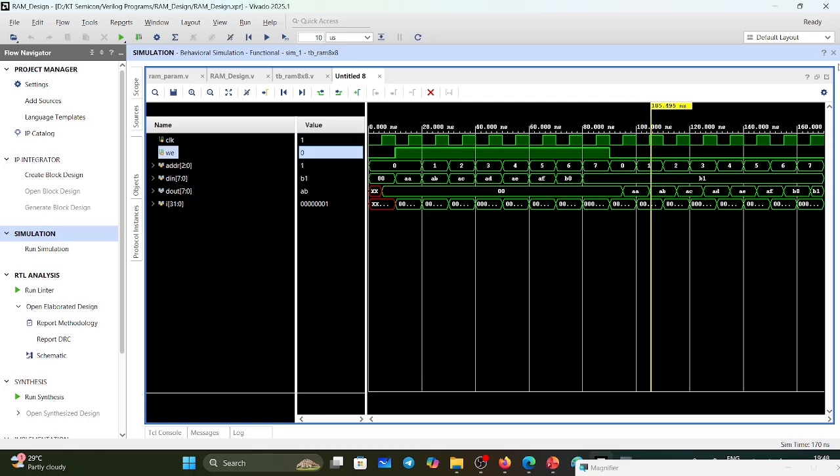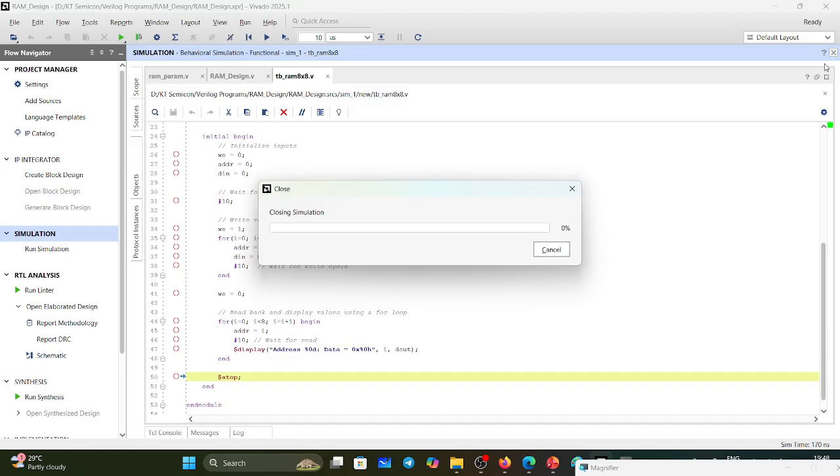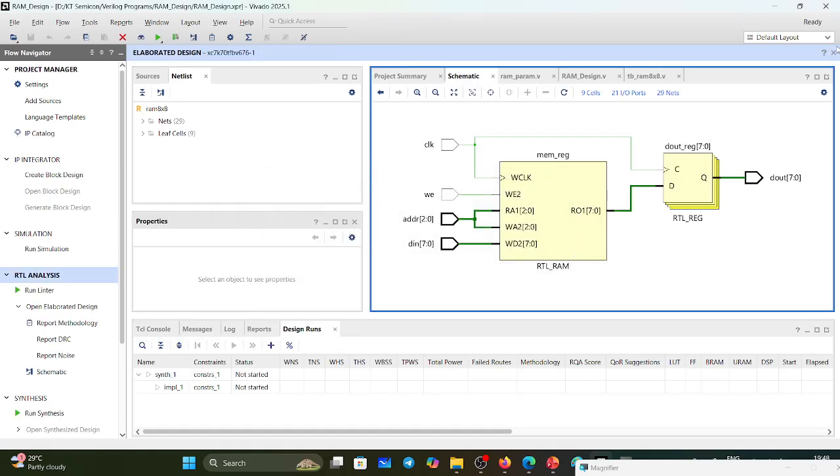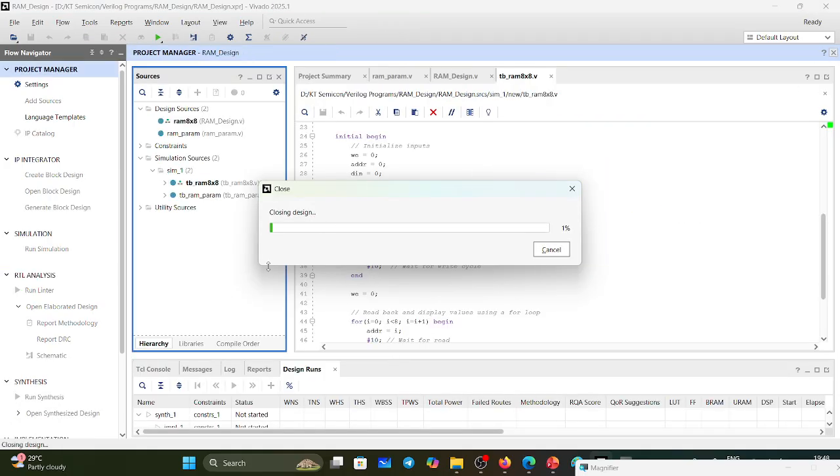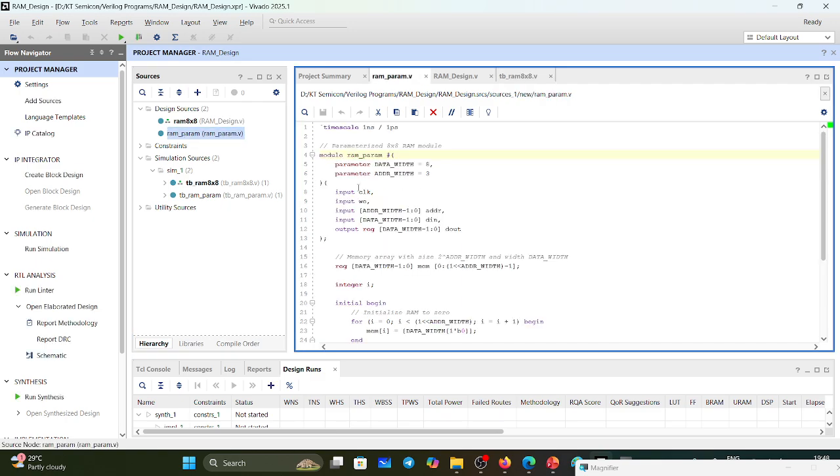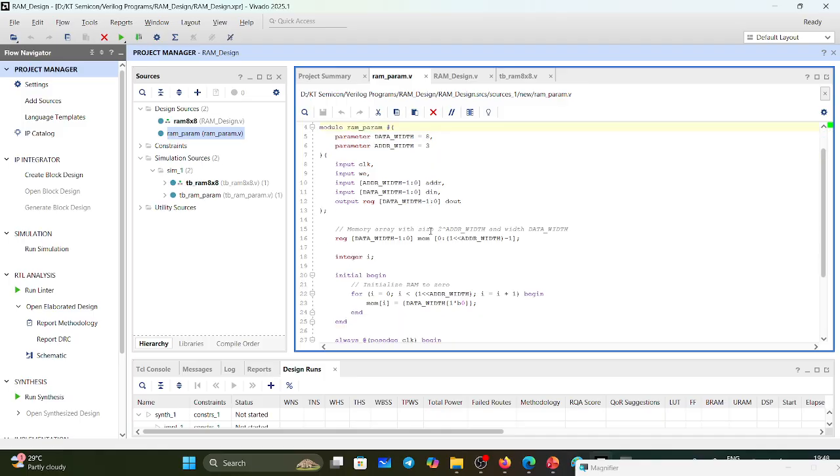Understood. Okay, next, coming to the parameter, so I am closing this. As I created the parameter, data width equal to 8 and address width equal to 3, I need to declare the input address with width minus 1.